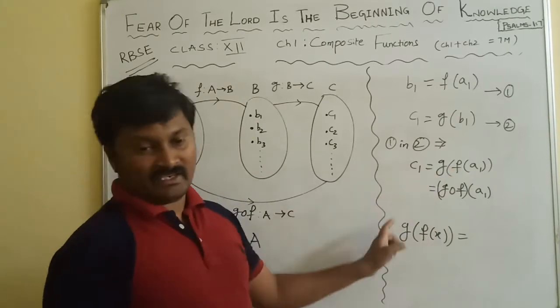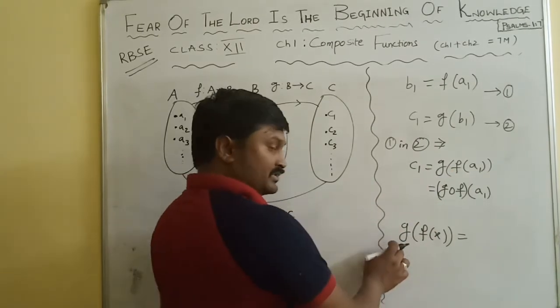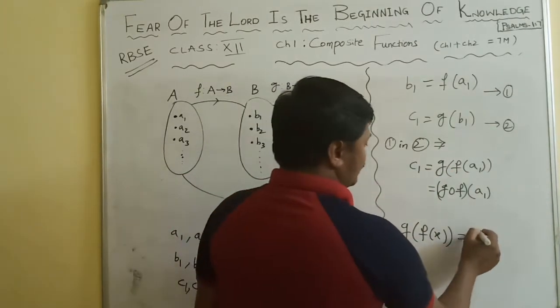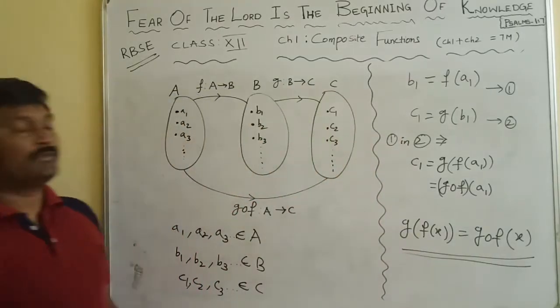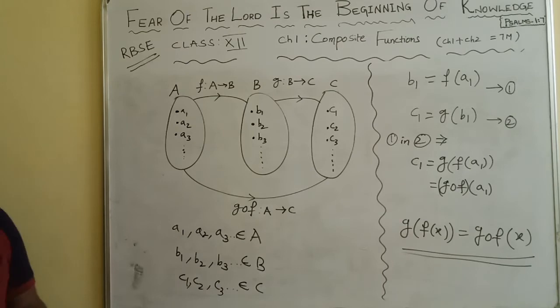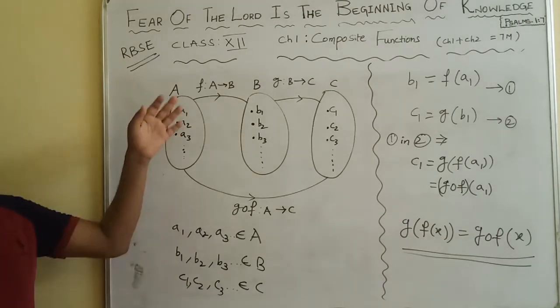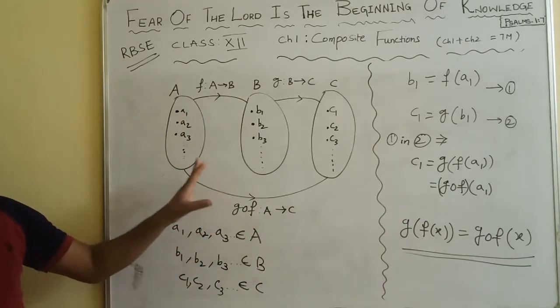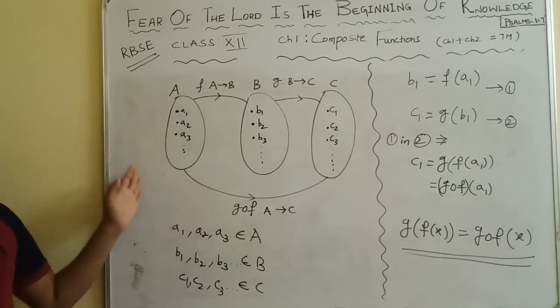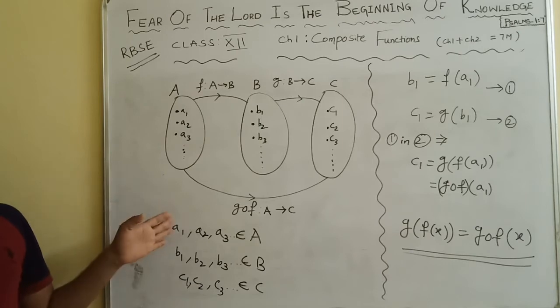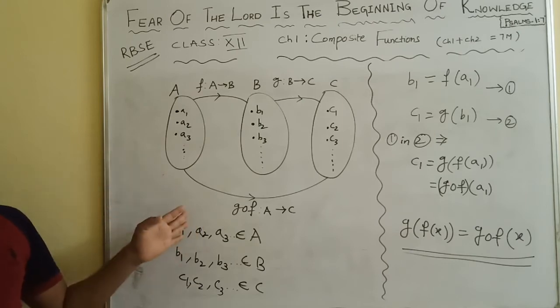Instead of A1, I am taking x in general. g of f of x is equal to g circle f for the composition of two functions. I hope you all understood how we need to combine two functions. So this is the composition of functions in detail with a diagram.